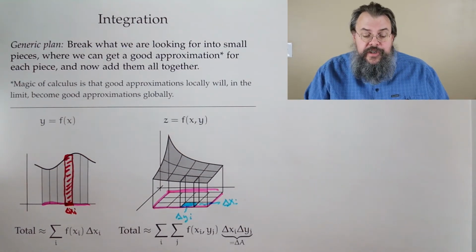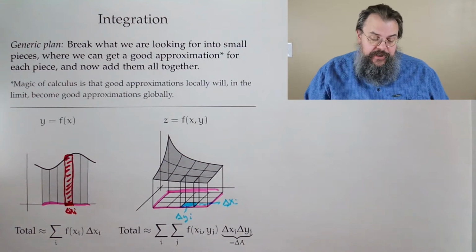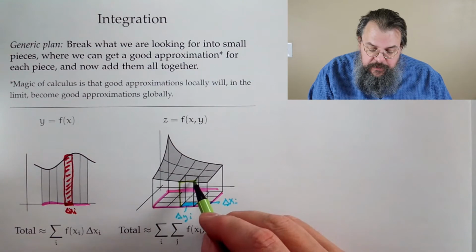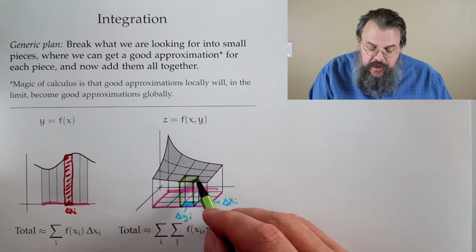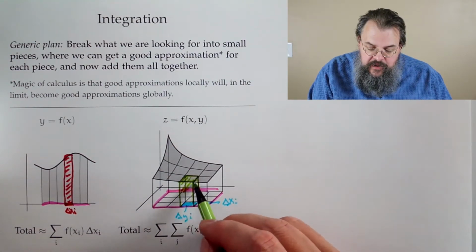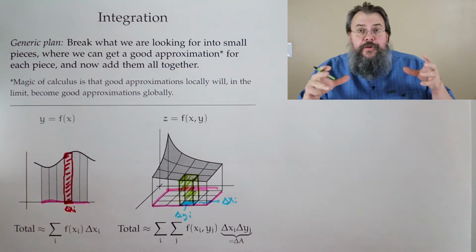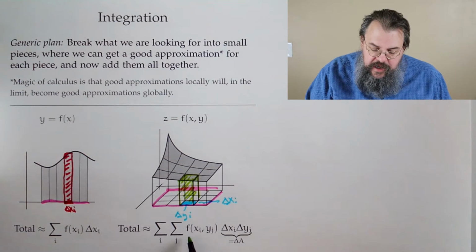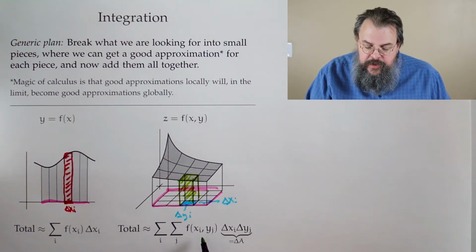And then, of course, there's the height as well. And so we go up to our function. So we can approximate what's happening with a box. So the total contribution from that piece we think of as being a box. There's the height, which comes from plugging the function in.